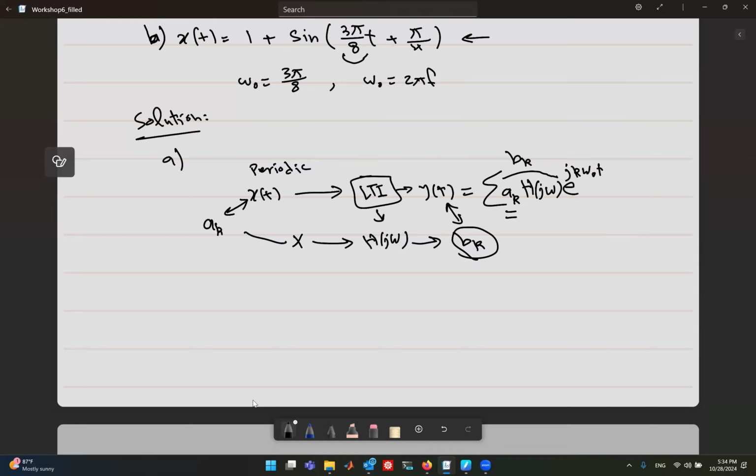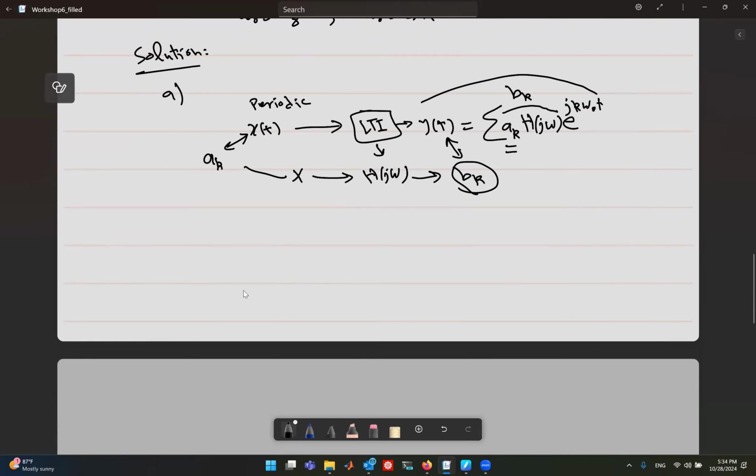If we have a periodic input and we have the frequency response, we know the output will look like this. Let me write it here separately. The output will be the summation from minus infinity to plus infinity over k of ak, the Fourier series coefficients of the input xt, times the frequency response of the system, times exponential jk omega naught t.